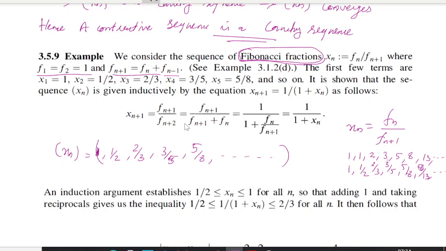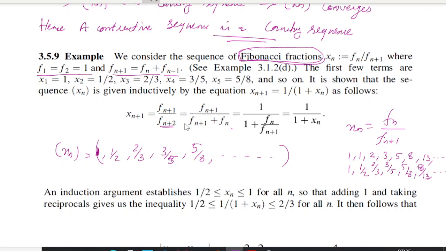Now the nth term of the sequence, if you're finding the nth term, what should be the nth term? See here, nth term is defined as fn plus 1 by fn plus 2. That can be written as fn plus 1 by fn plus 1 plus fn, since it is a Fibonacci sequence. So now dividing both numerator and denominator with fn plus 1, you will get fn plus 1 by fn plus 1, that will reduce as 1.